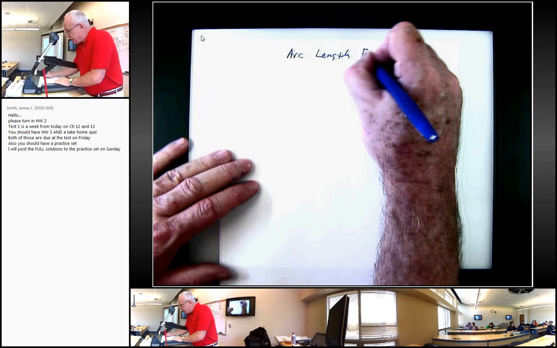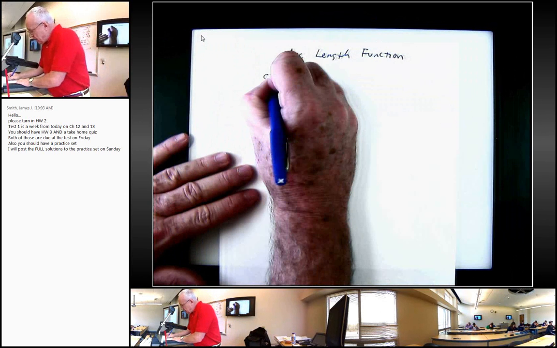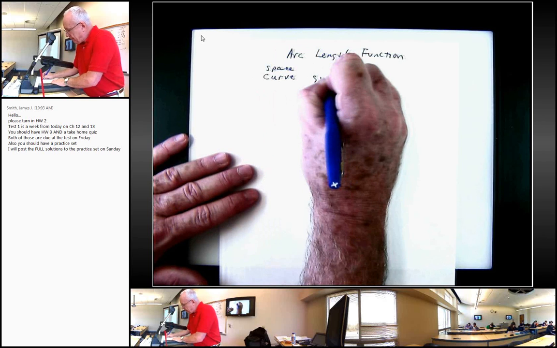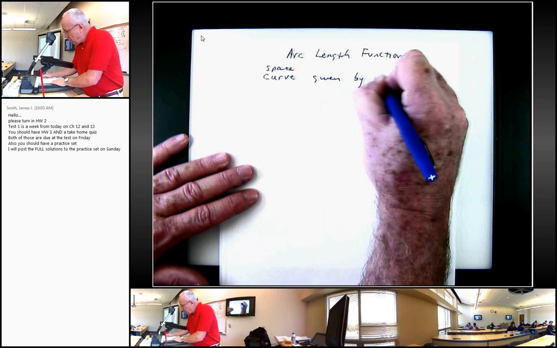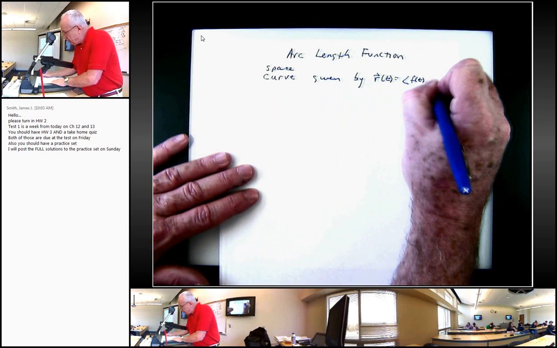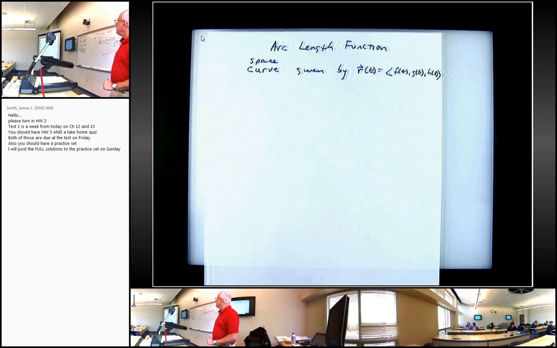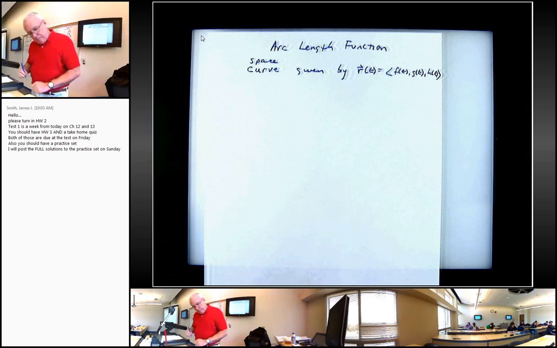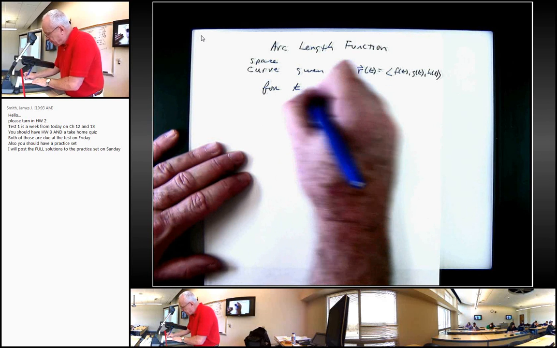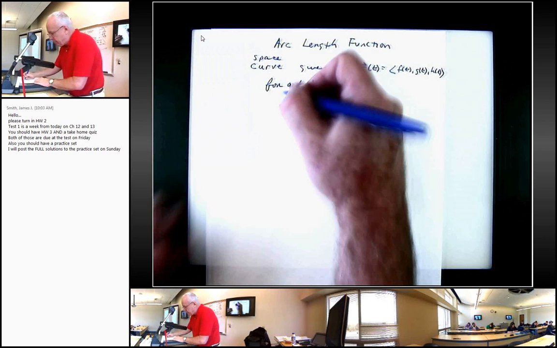Arc length function, again, we have a curve, the space curve given by r of t equal to f of t, g of t, h of t, all right? I know it's hard to read that, I'm sorry. And we're saying for t from A to B, bigger than or equal to A, less than or equal to B.